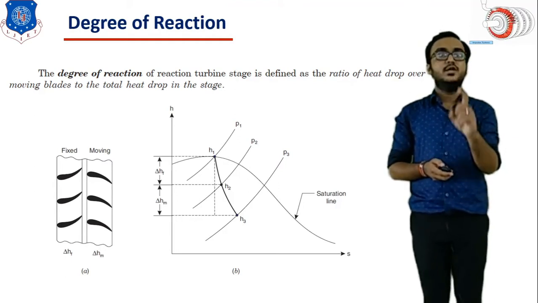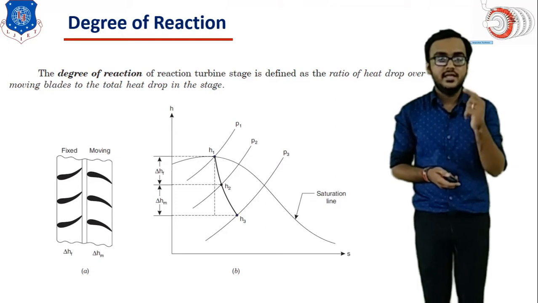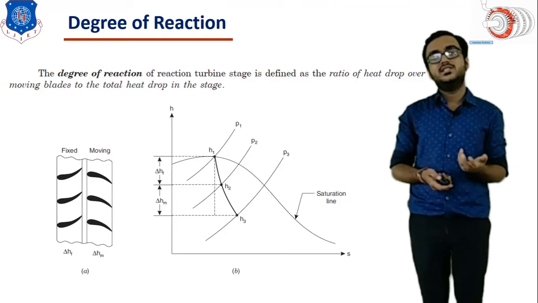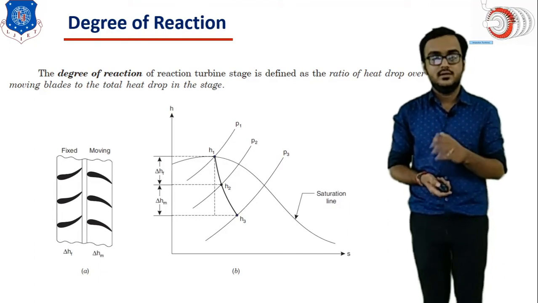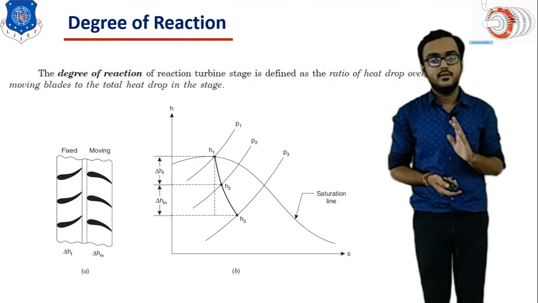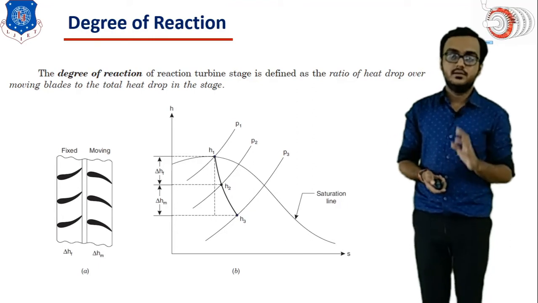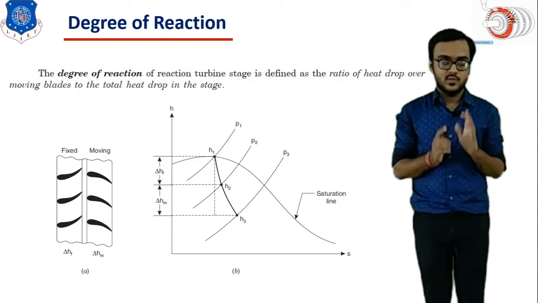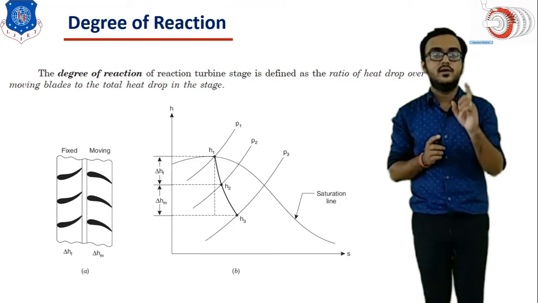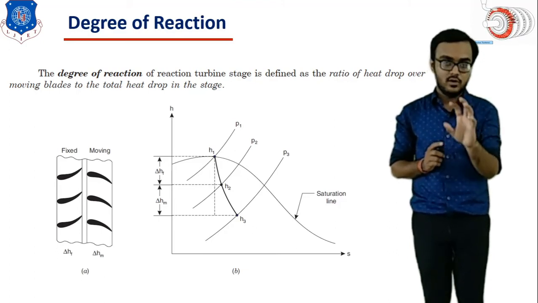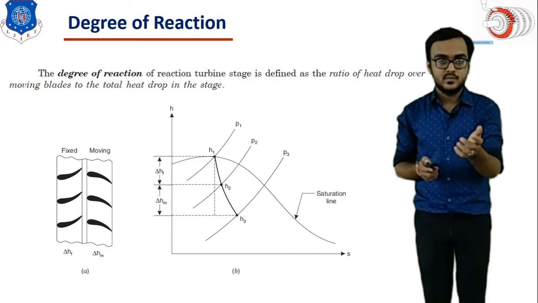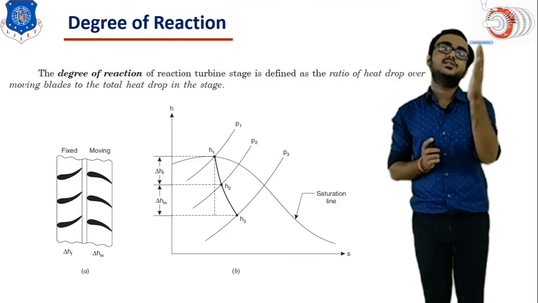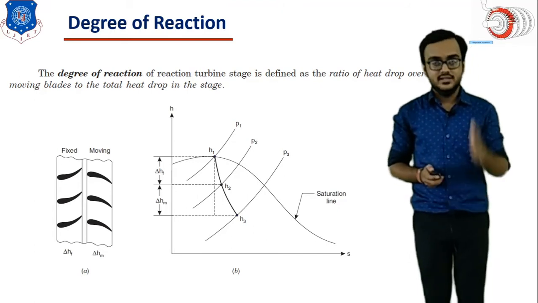Here H1 minus H2 indicates the enthalpy drop across the fixed blade, and H2 minus H3 likewise. This is a simple schematic arrangement. Keep one thing in your mind, we are not going to use this HS diagram for our mathematical dealing, but it is for your knowledge, so you can see how the steam expands in a stage.